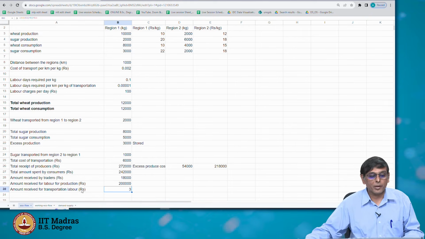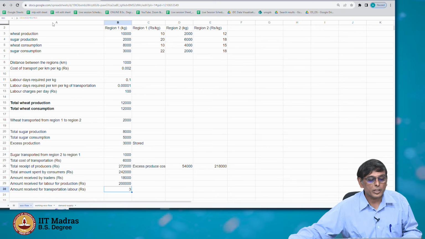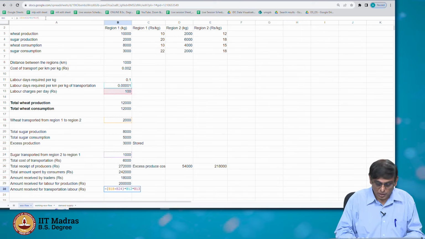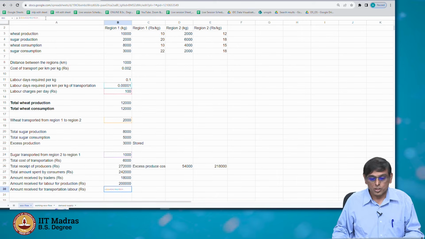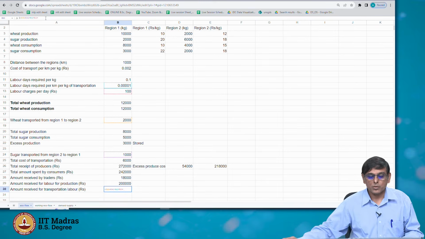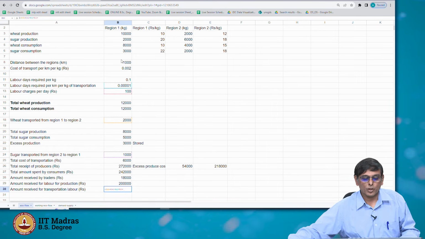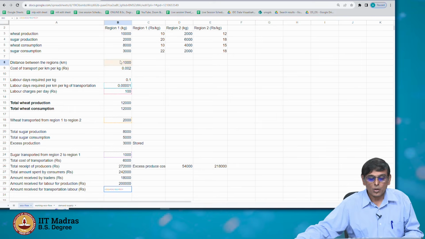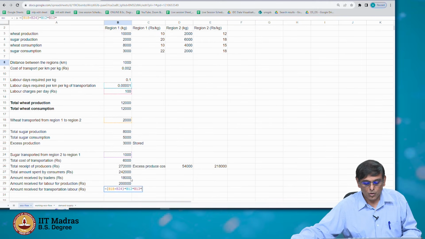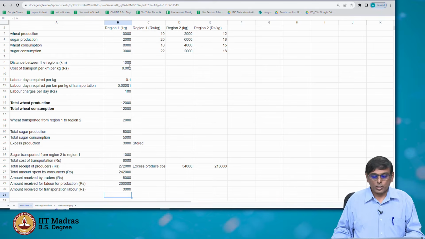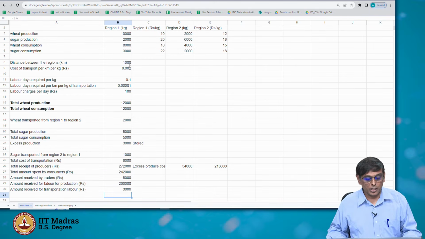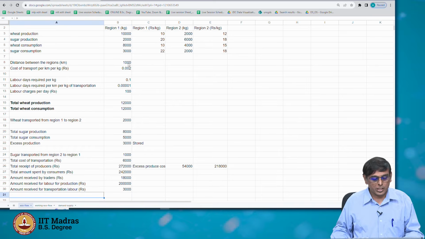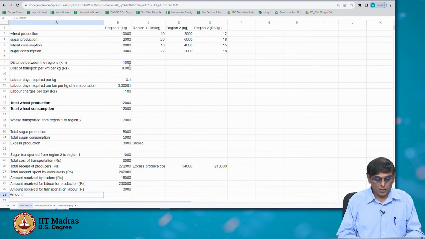I forgot to multiply by number of kilometers, okay, multiplied by number of kilometers, which is here. So, if I do that, 3000 rupees was received by transport.